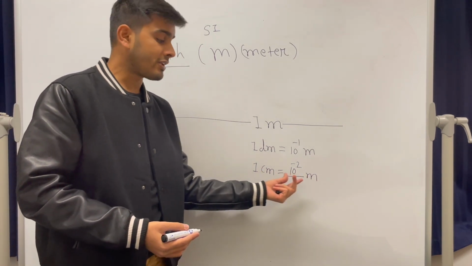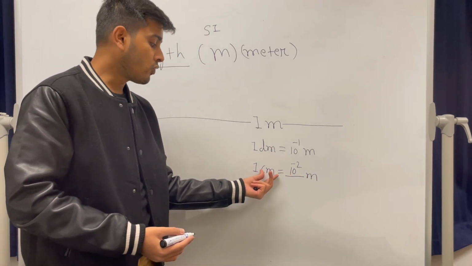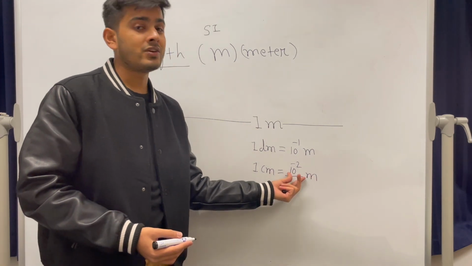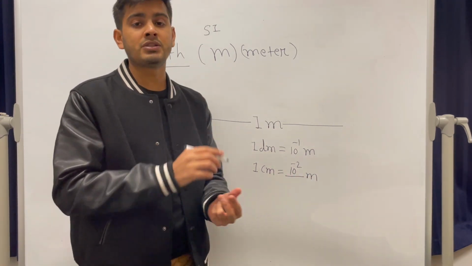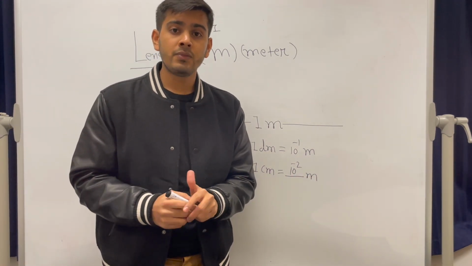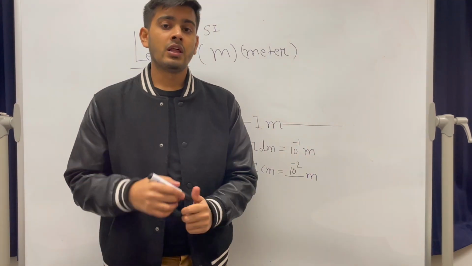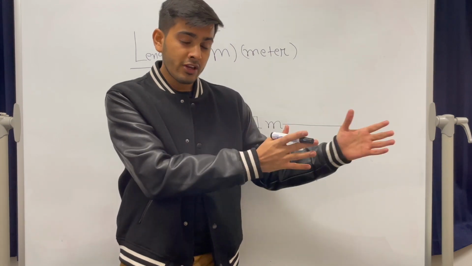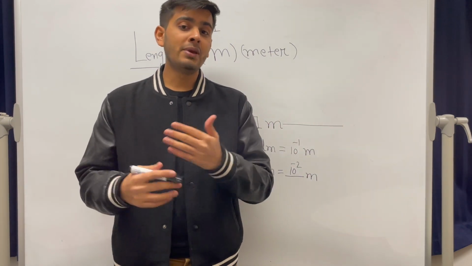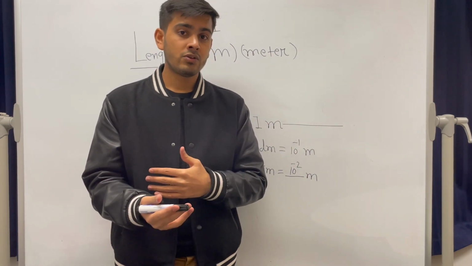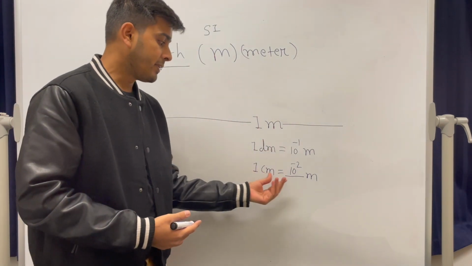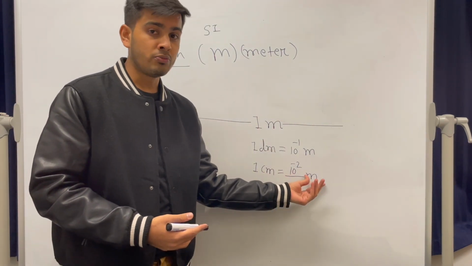Meter is the bigger unit and centimeter is the smaller unit. When you go from a smaller to a bigger unit, the power is always negative. Do remember this. Likewise, if you go from a bigger unit to a smaller unit, the power will be positive.